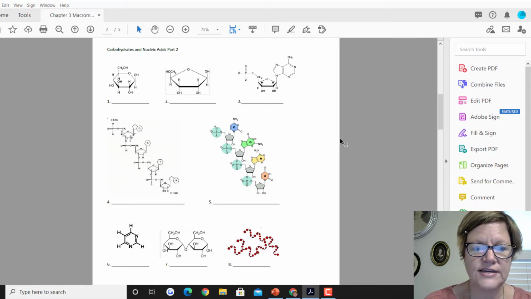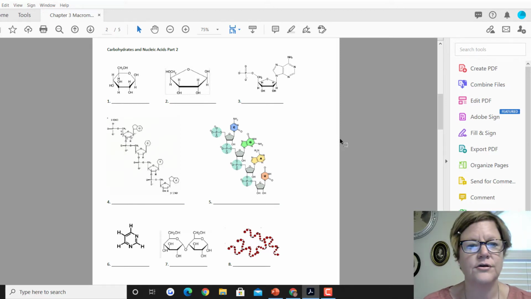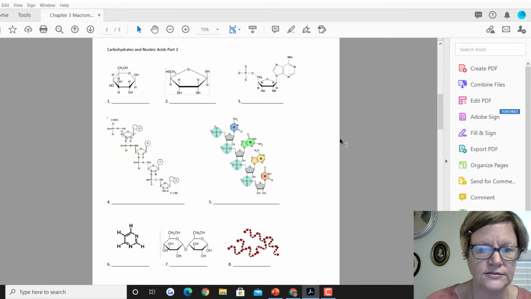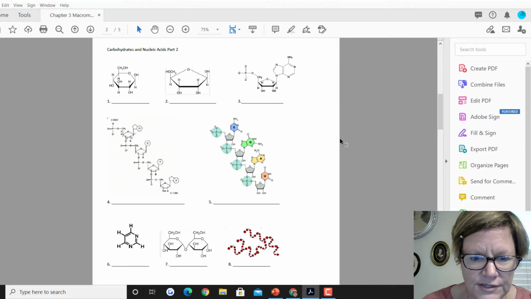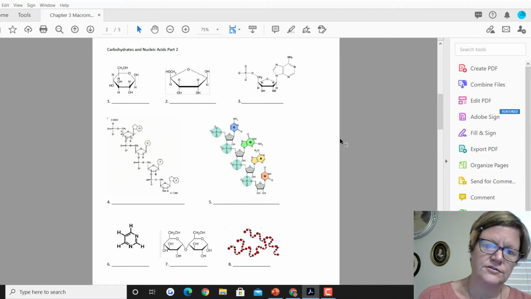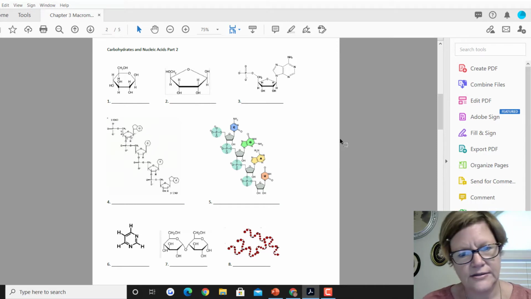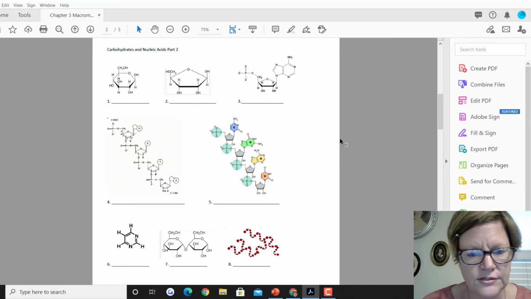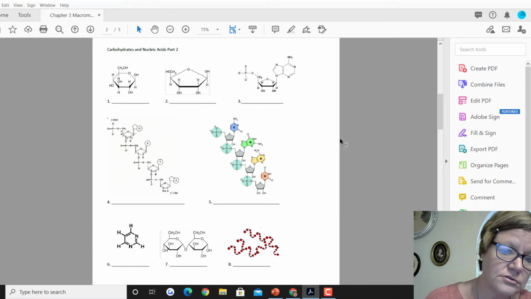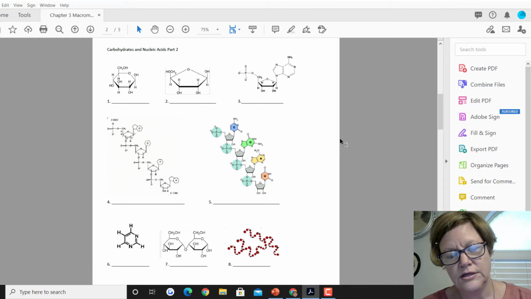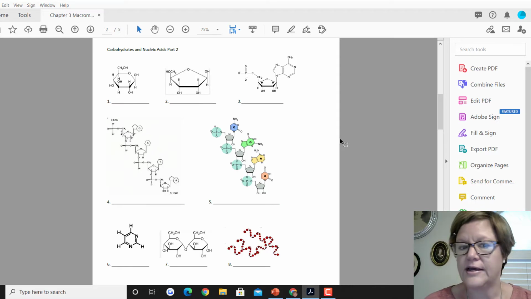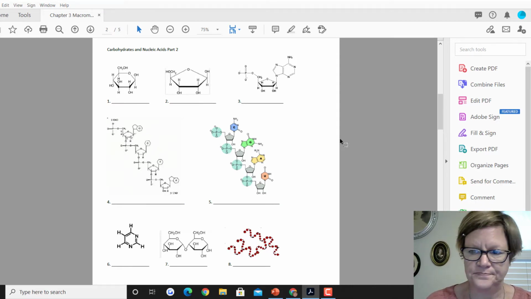Number 7 is a disaccharide, 2 glucoses joined together with a glycosidic bond. And number 8, I don't know if you can tell, but those little red things are hexagons. So it's a highly branched, spiraling hexagon structure. So it could be starch, it could be glycogen, or you could just put polysaccharide. That would work.